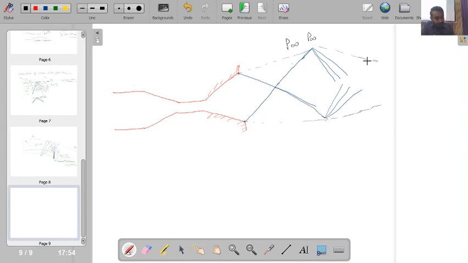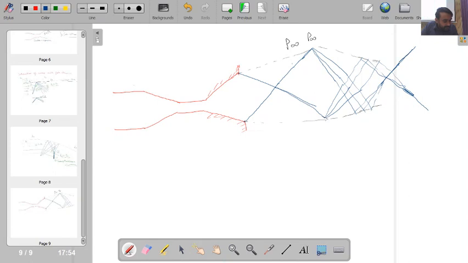Now this expansion fan will interact with this free boundary and it will reflect back as a single compression wave. Similarly, this will reflect and form a single compression wave.